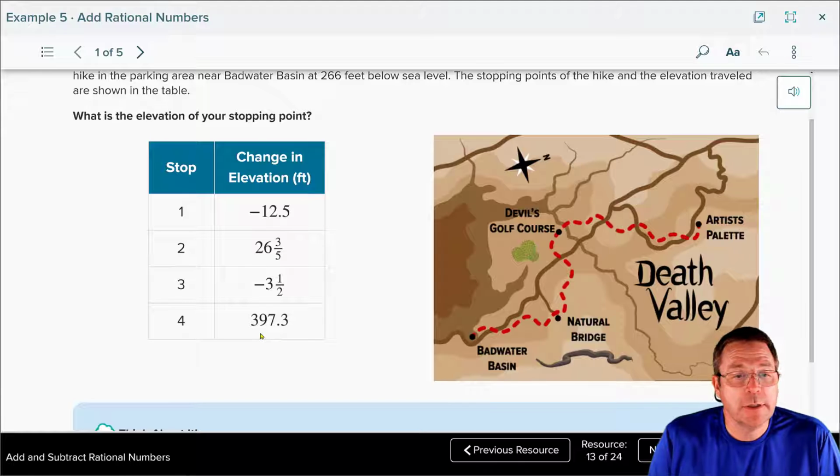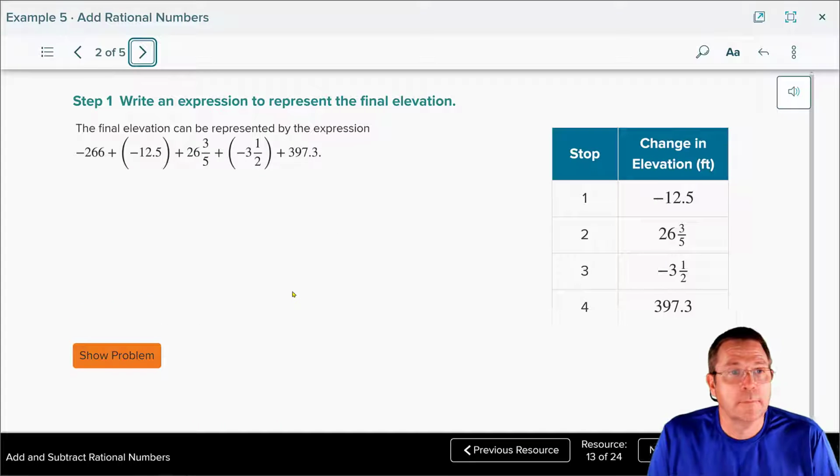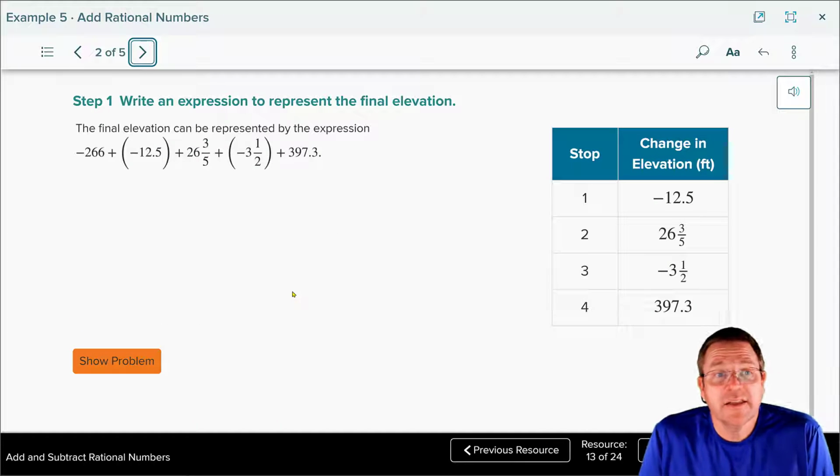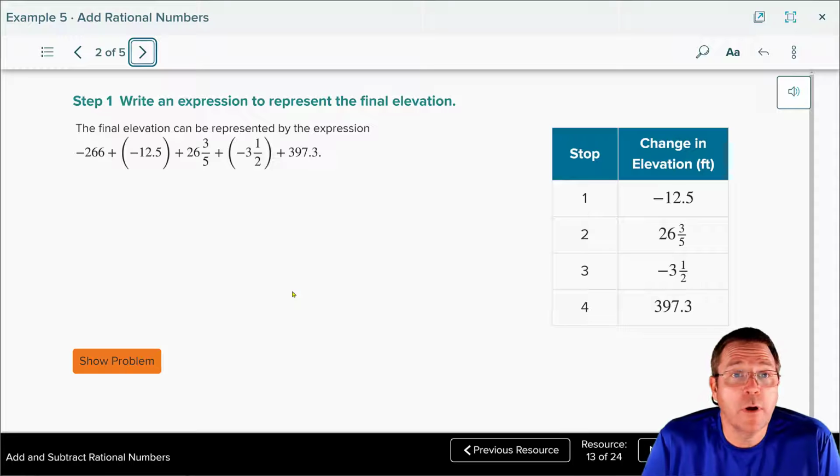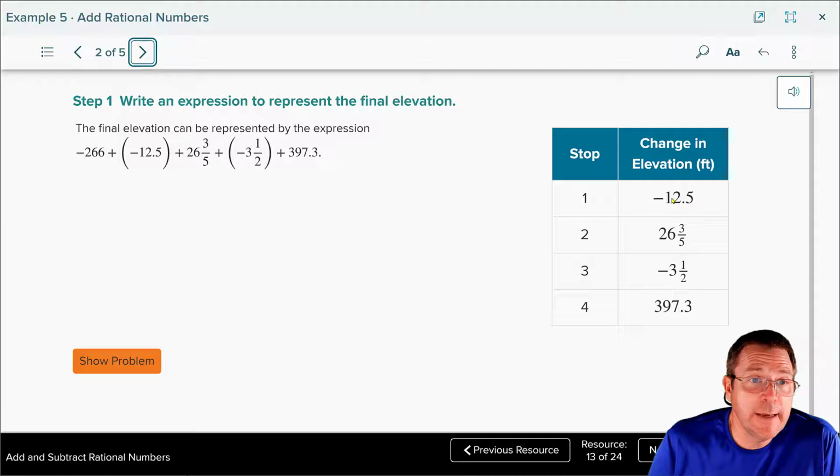And now you can see that these are all elevation changes. Two of them are done as a decimal. Two of them are done as a fraction. And that led us to this really ugly looking problem, where you started off at negative 266 feet. From there, you added a negative 12.5 feet, meaning you went down.